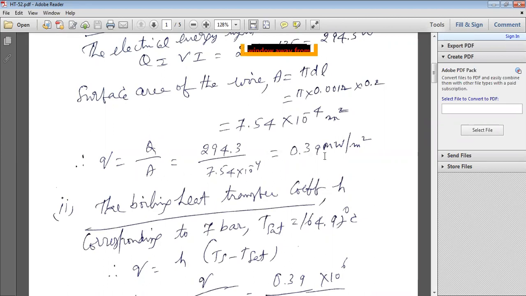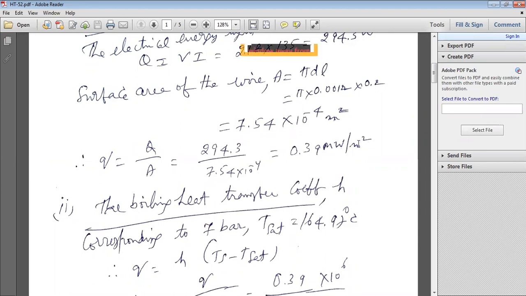So that is 0.39 megawatts per meter square. If you want to convert to watts, you have to multiply by 10 power 6.